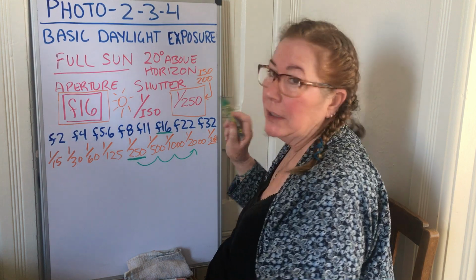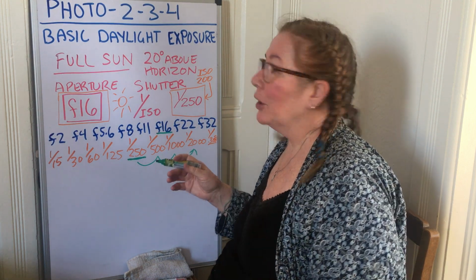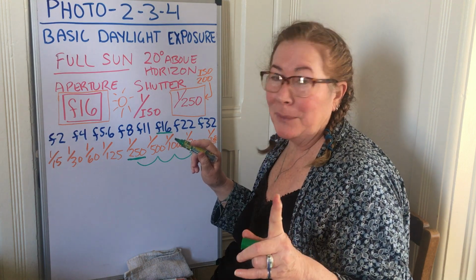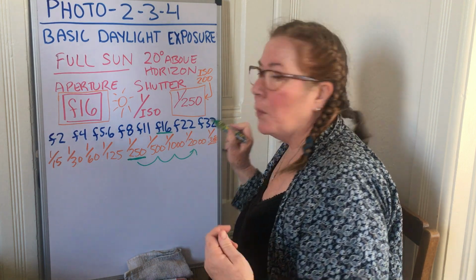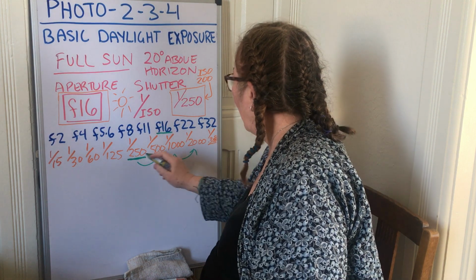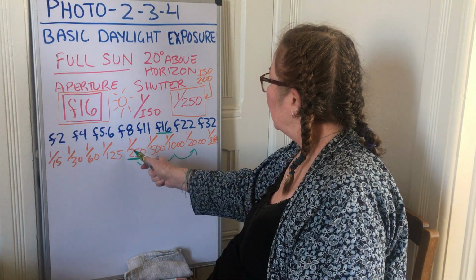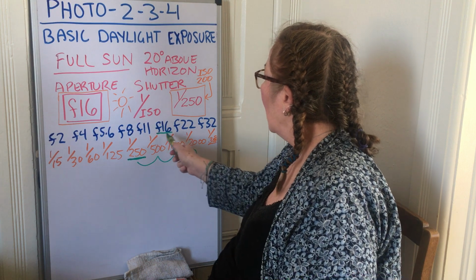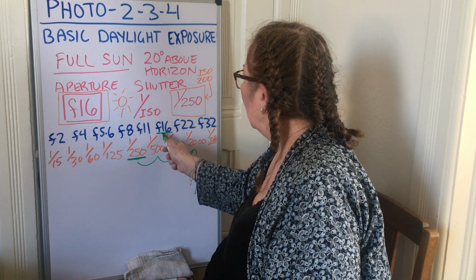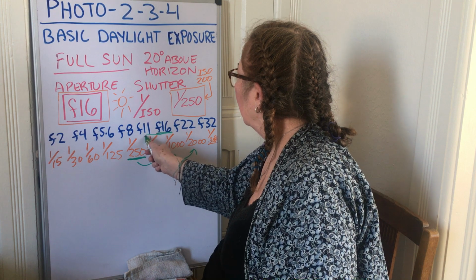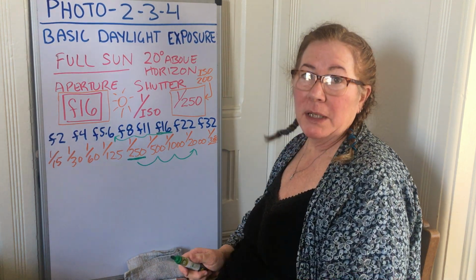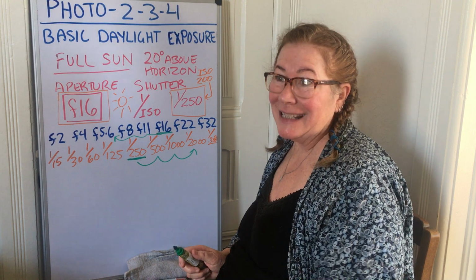All you've got to do to keep the correct exposure, and this is where we're talking about exposure equivalency, right? So this is going to be the equivalent exposure. If I speed up my shutter 3 stops, I'm going to have to open my aperture 3 stops to compensate, right? That's what exposure equivalency is.